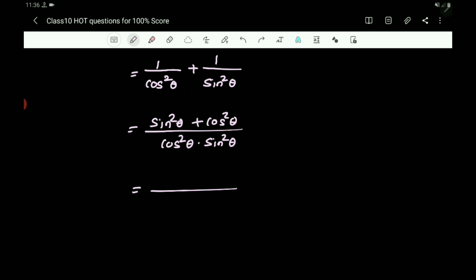There is identity that sin² theta plus cos² theta is equals to 1, because you write sin² theta plus cos² theta equals 1. That divided by cos² theta into sin² theta.